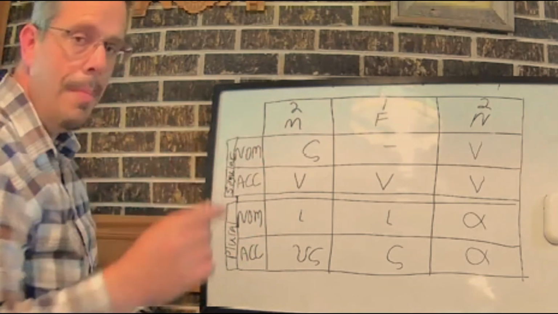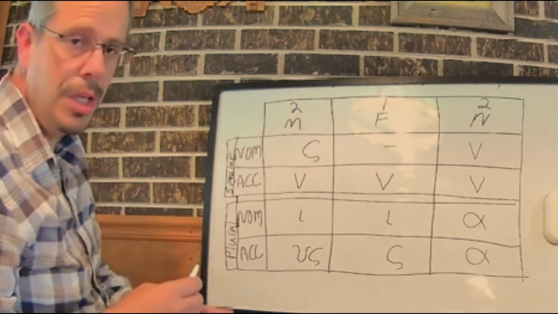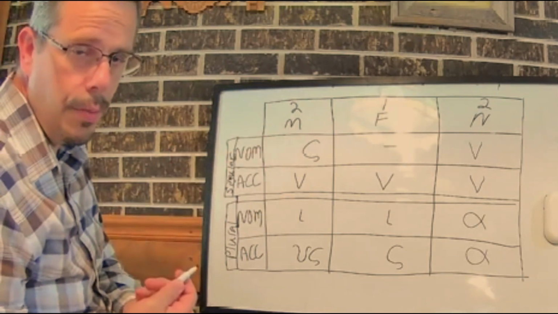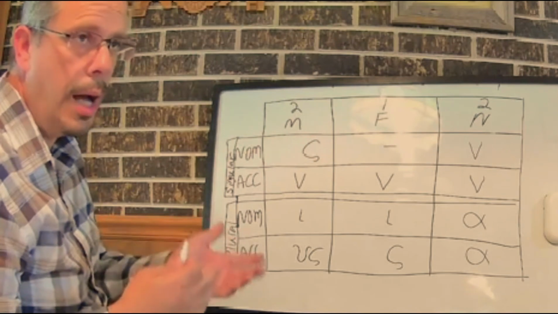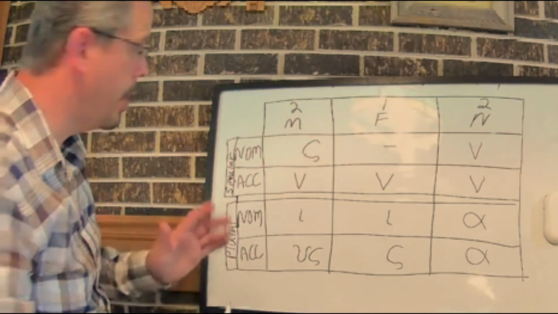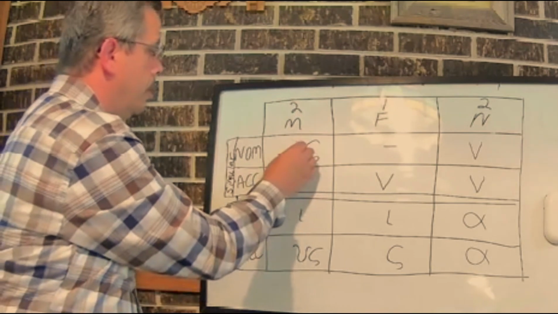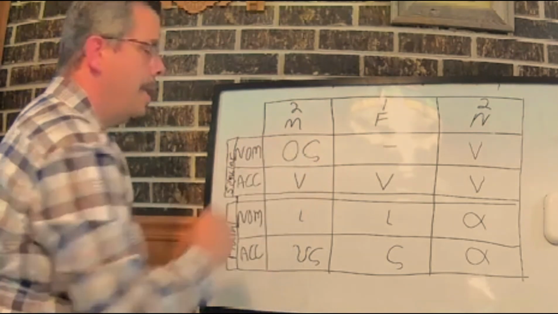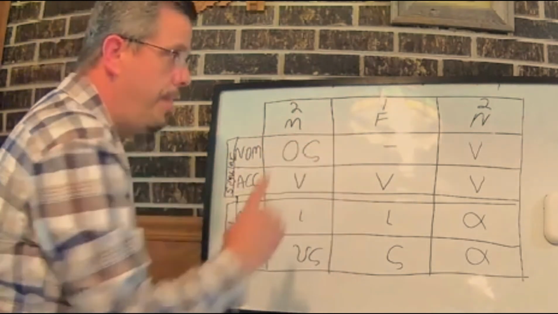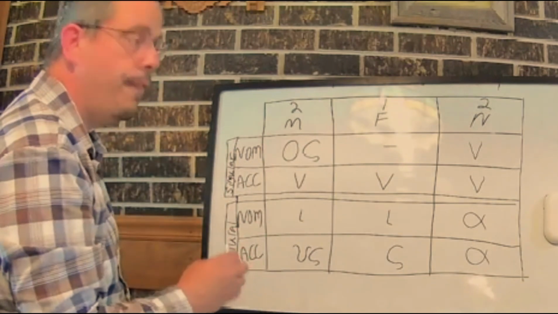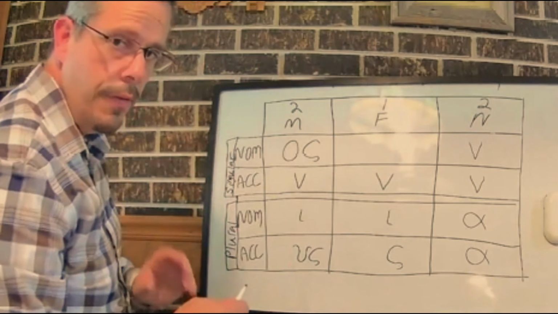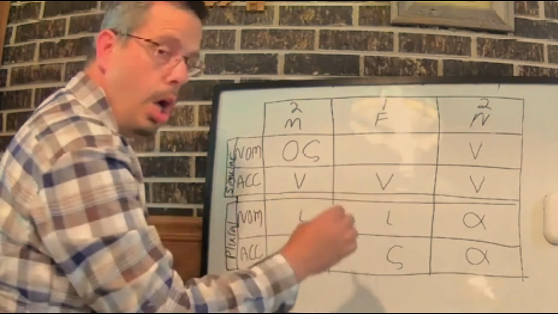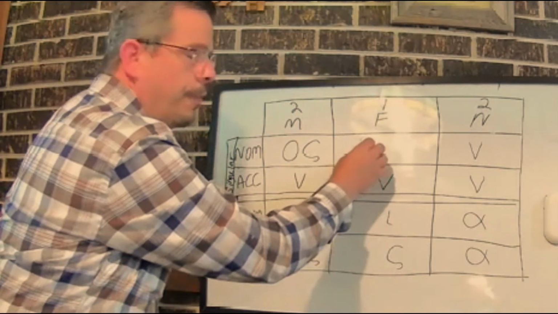Now, if you remember, second declension words end with omicron nu. Okay, so this one is going to look like that in its ending. Now this in the feminine. Remember, first declension feminine nouns either end in alpha or eta.